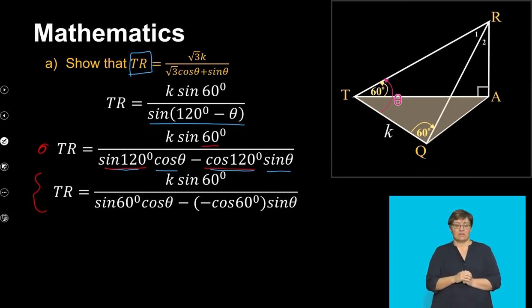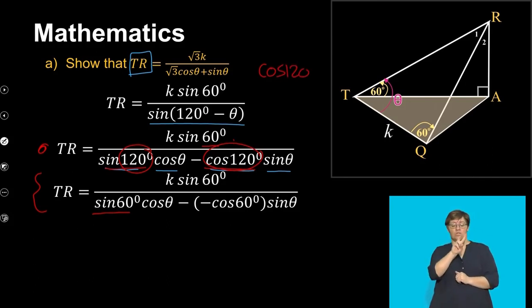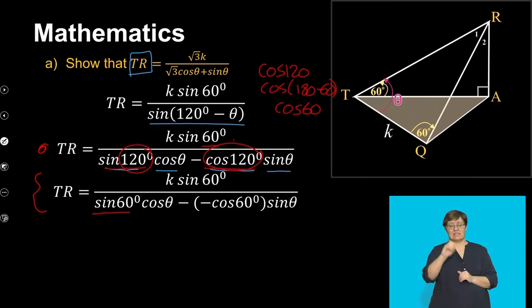So you're going to have to first convert sine of 120 by reducing it in the second quadrant to 180 minus 60, so it becomes sine of 60. Similarly, cos of 120 becomes cos of 180 minus 60, and because it's second quadrant, it becomes negative, hence we have negative cos of 60.